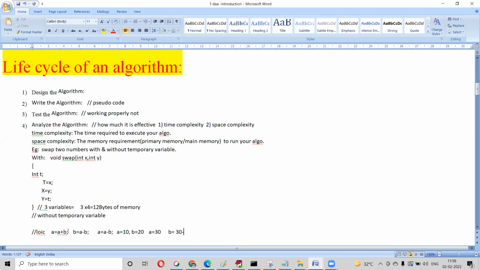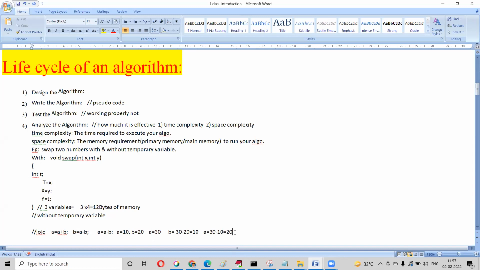That is 10, so B value becomes 10. Next, A is equal to A minus B. A is now 30, 30 minus B, what is B? 10. So now A is 20.